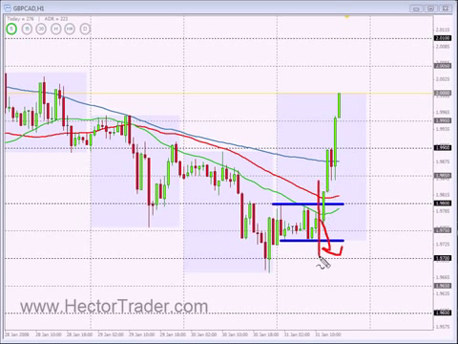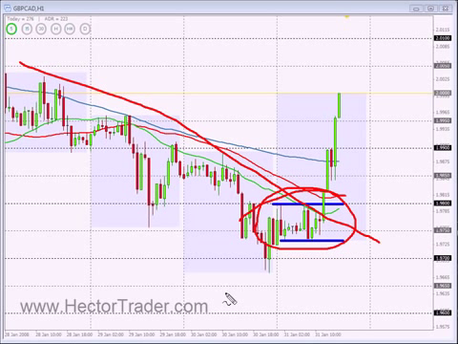The London market opened somewhere around there, and from there it's been a straight up run. 276 pips already, breaking the downtrend line, the intra-week trend line that I was mentioning before, breaking the moving averages, the sideways range, all against my plans, which, like I said, was to the downside.